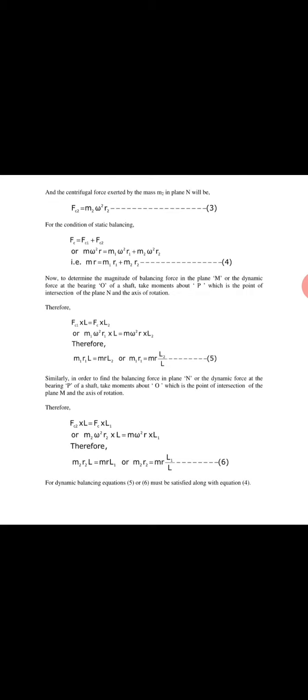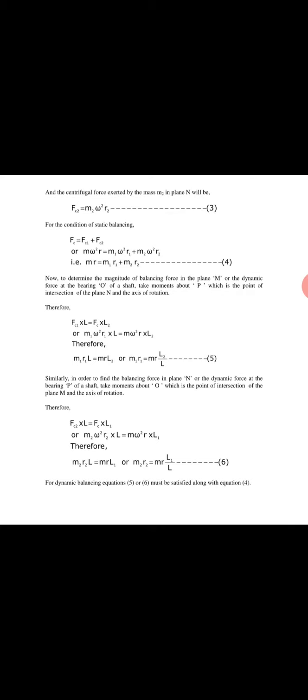Here, Fc is the centrifugal force of the disturbing mass, Fc1 is the centrifugal force of balancing mass M1, and Fc2 is the centrifugal force of balancing mass M2.